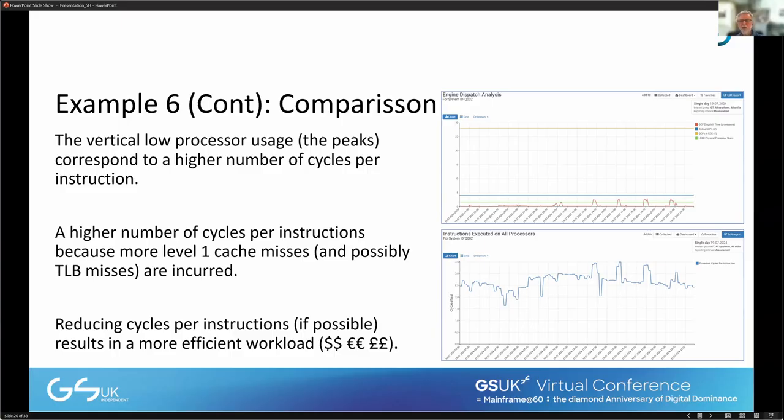We're using more cycles per instruction, most likely because we have more level 1 cache misses. Okay, and this is showing us that our workload is inefficient. It's using more cycles for the same instructions. And as you can see, it costs money to do that. And we do want to minimize that if we're talking about a workload that's important for us.